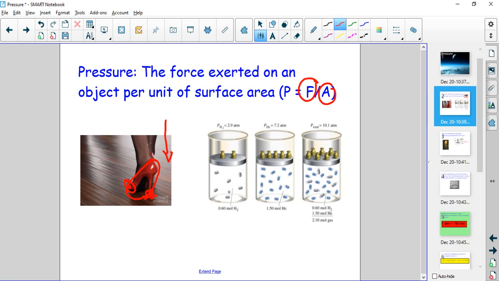A certain number of moles of hydrogen gas gives us 2.9 atmospheres confined to this area, with a certain amount of pressure exerted downward. More moles means more pressure exerted downwards. So we're continuously adding more pressure as we increase the number of moles.